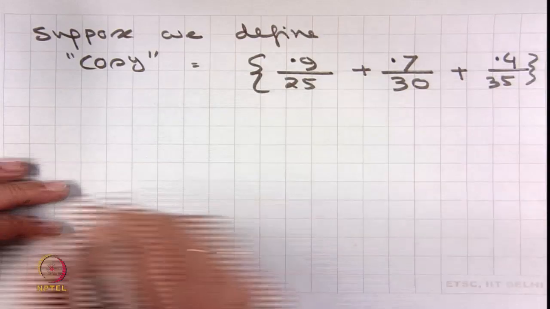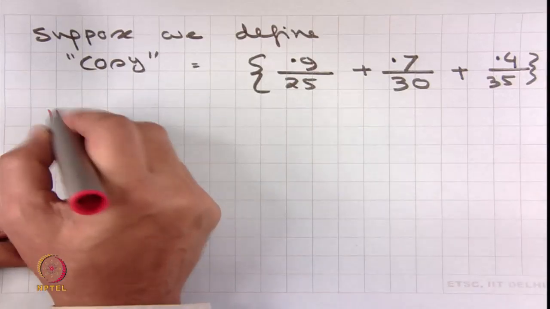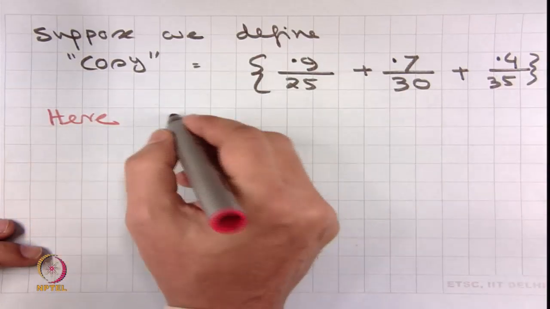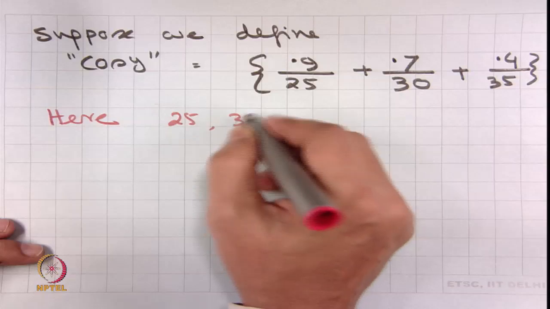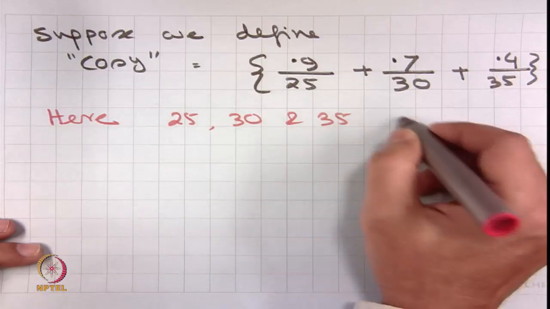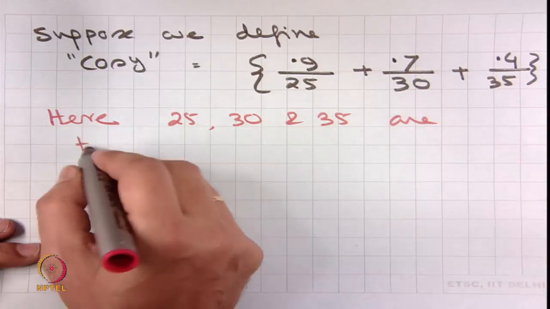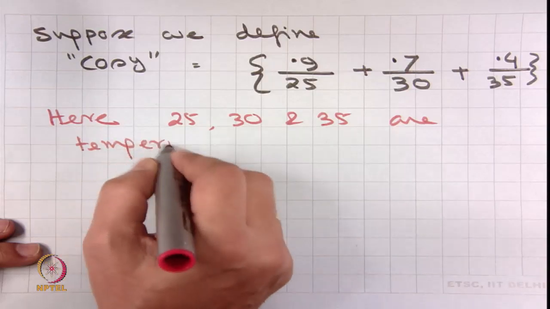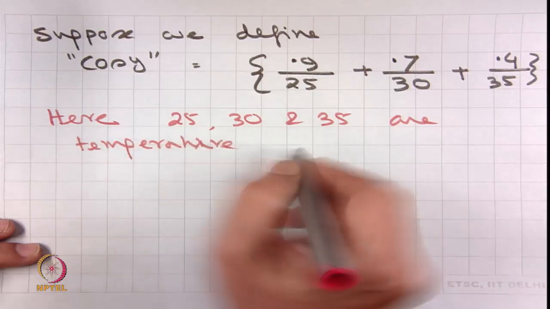Here 25, 30 and 35 are temperatures in Celsius.